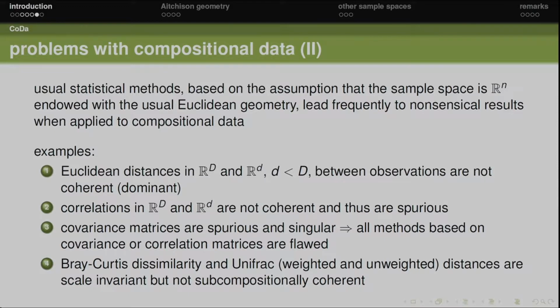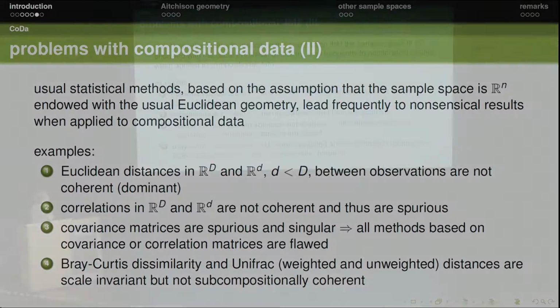Correlations in a bigger space or for a subcomposition and for a big composition are not coherent, they are spurious. The covariance matrices are not only spurious, they are necessarily singular. So all methods, absolutely all methods based on the covariance matrix can lead to nonsensical results, to results that are in contradiction from one composition to a subcomposition or with reality.